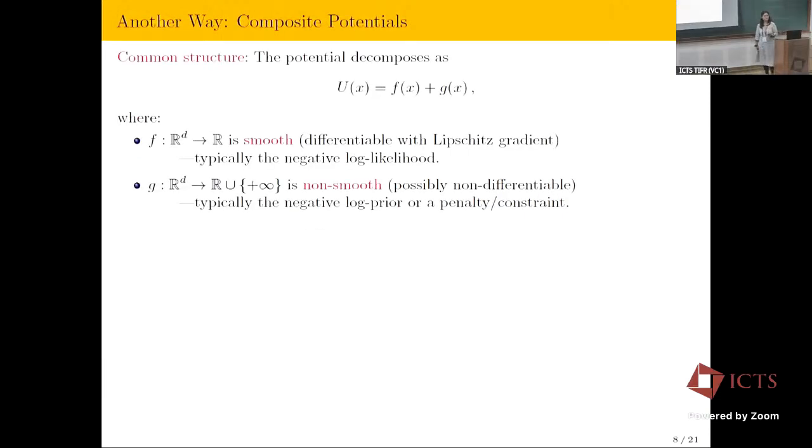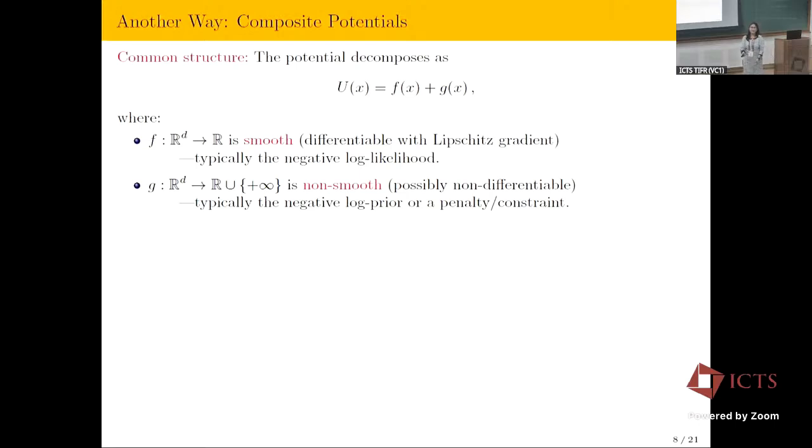And so there's another way of thinking about Moreau-Yosida approximations, and this almost feels like the natural thing to do. A common structure for various potentials is of the form U of x is f of x plus g of x, where f is the smooth part of the potential and g is the non-smooth part.